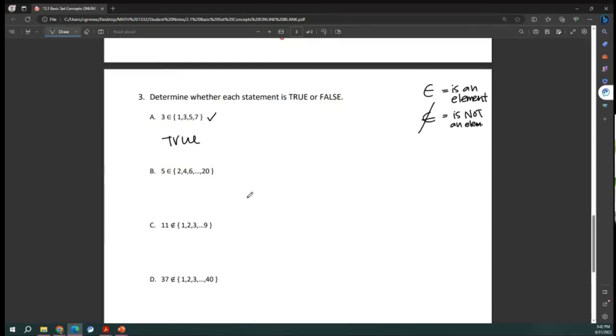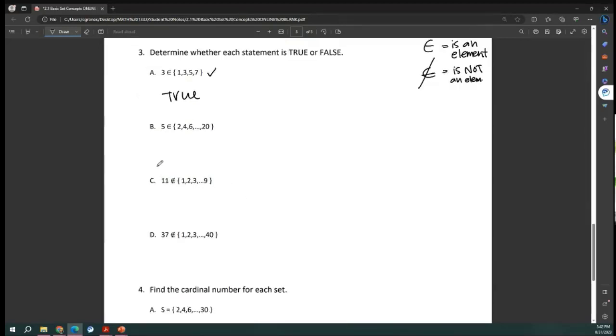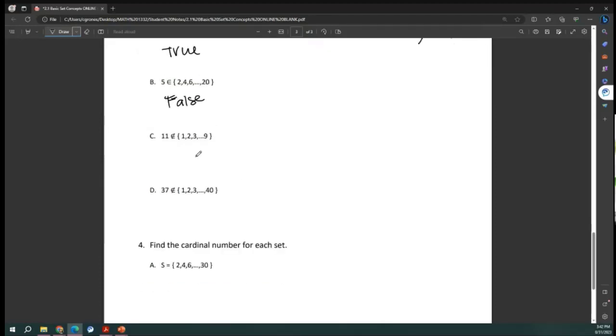Okay. What about on B? 5 is an element of the set of numbers, it looks like they're even numbers 2, 4, 6, all the way to 20. False, because 5 is not an element. What about C? It says 11 is not an element of the set of numbers 1, 2, 3, all the way to 9.